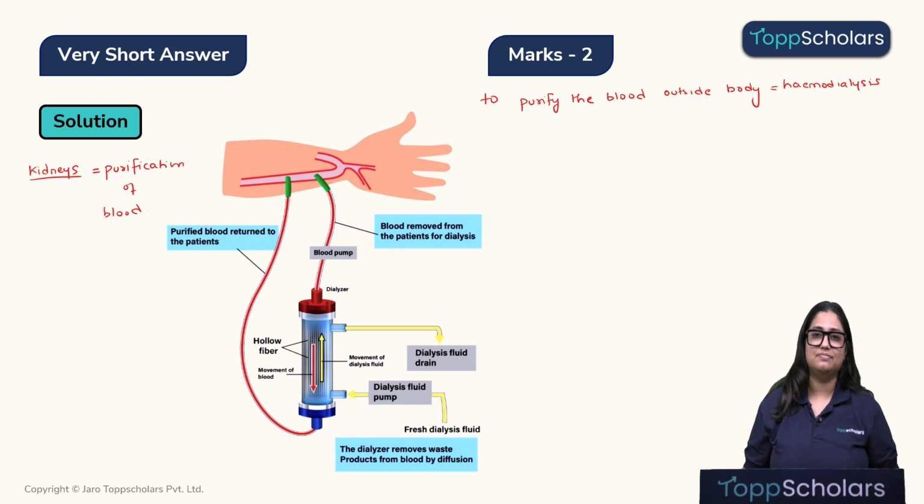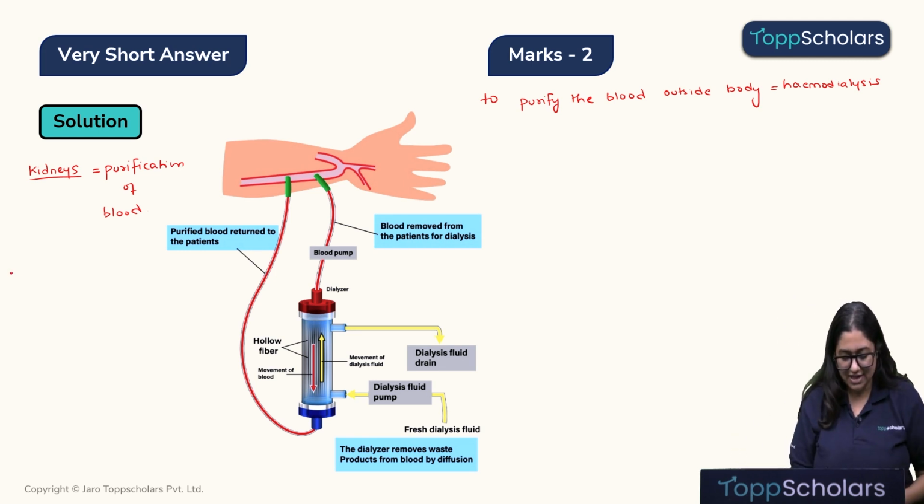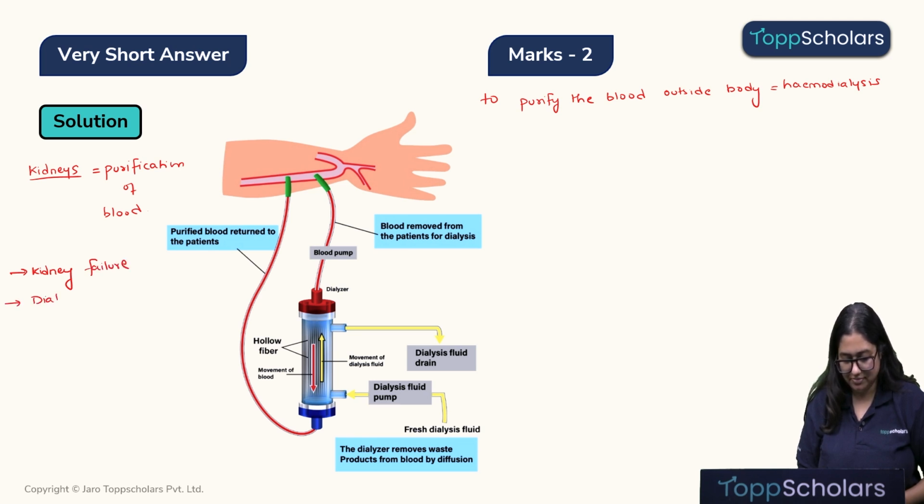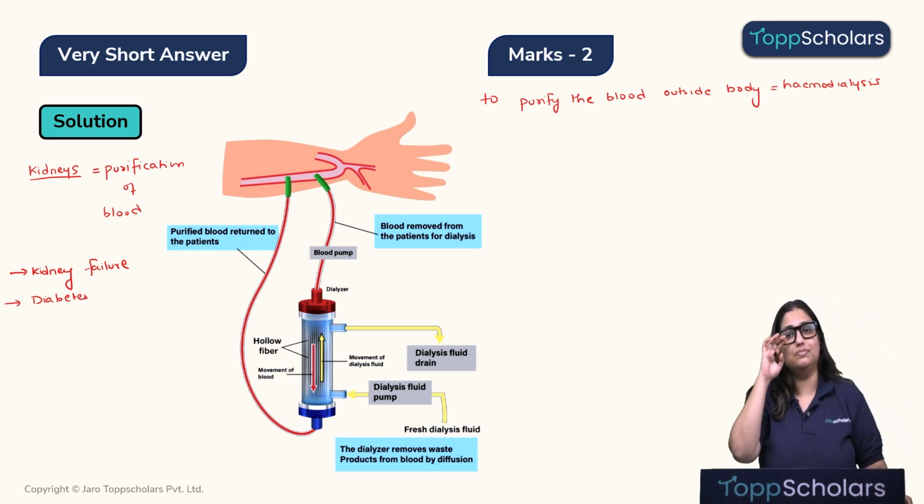till we die. But for some reasons, if our kidneys are damaged or failing, that is, in cases of kidney failures or in severe cases of diabetes, our kidneys are unable to produce urine.